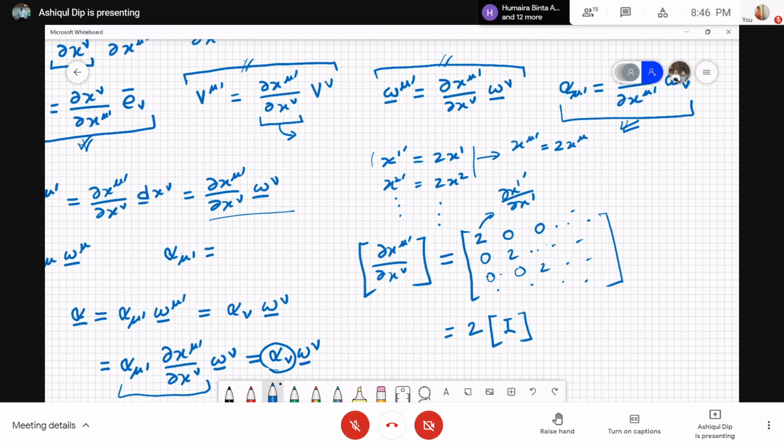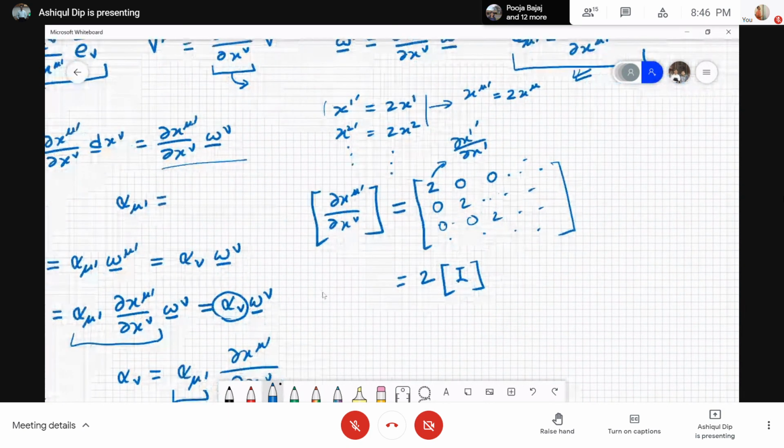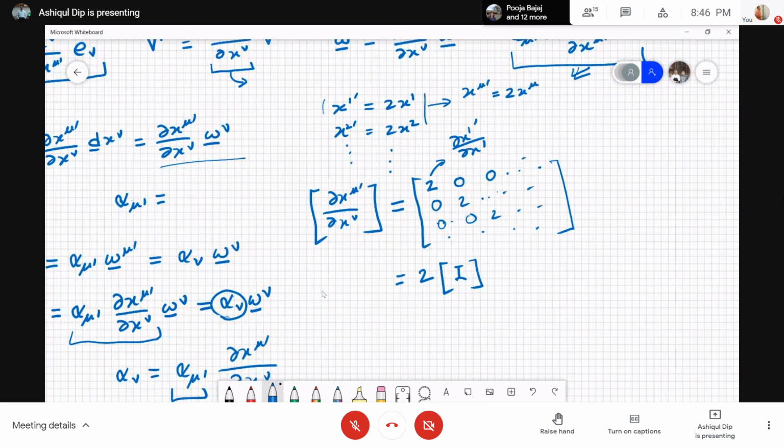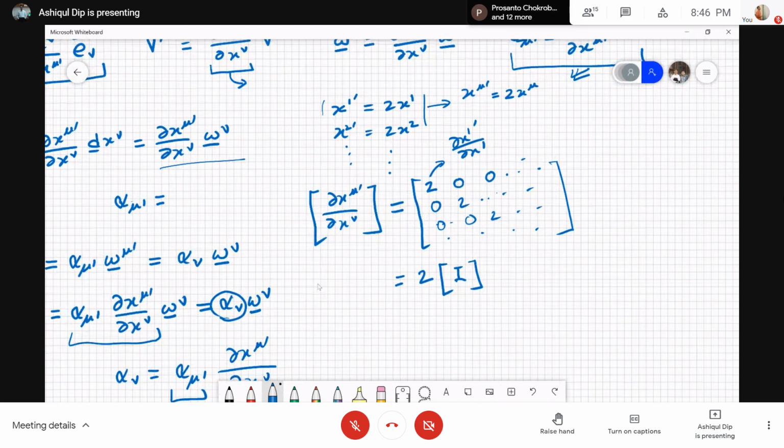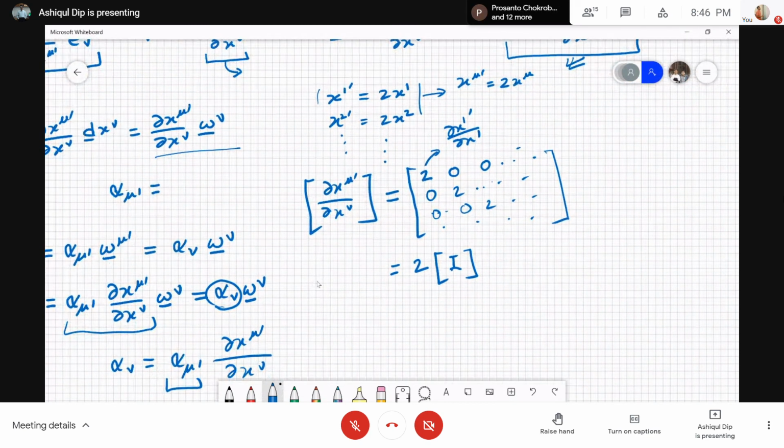Okay. And you could do the same thing with your x prime mu as well. So yes, that's correct. Now if we take this derivative, delta x mu prime by delta x nu, it will give me twice Kronecker delta mu nu, right? Yeah. Both notations have advantages and disadvantages.